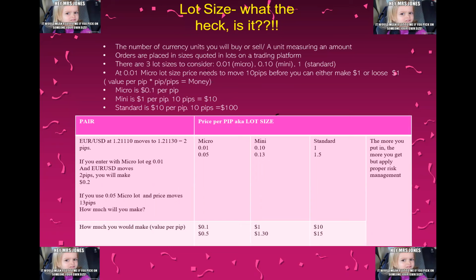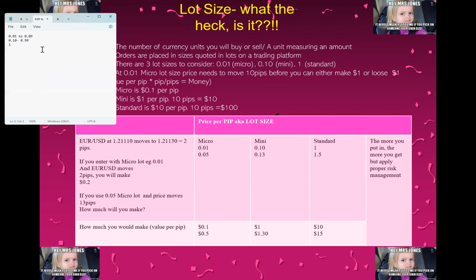So for a micro lot, if you enter at 0.01, your value per pip is 0.1.